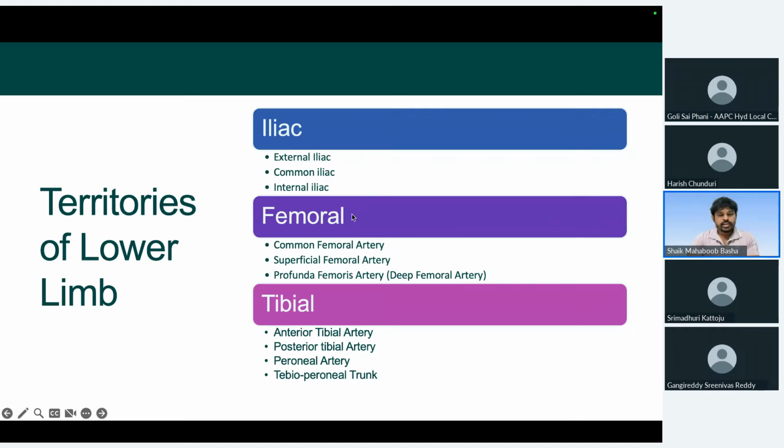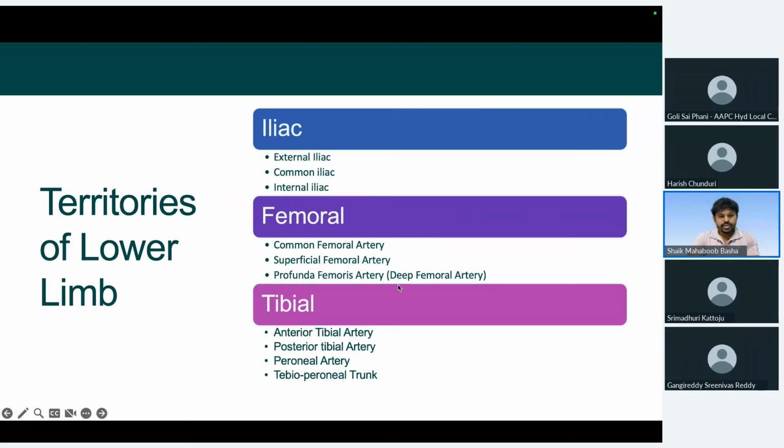In the same way, for the femoral territory we have different arteries, like the common femoral artery, which you can call CFA, and the superficial femoral artery, which we can also call SFA. Then the profunda femoris artery, which is also called the deep femoral artery. Apart from that, there are some other arteries which I'll mention later in other slides.